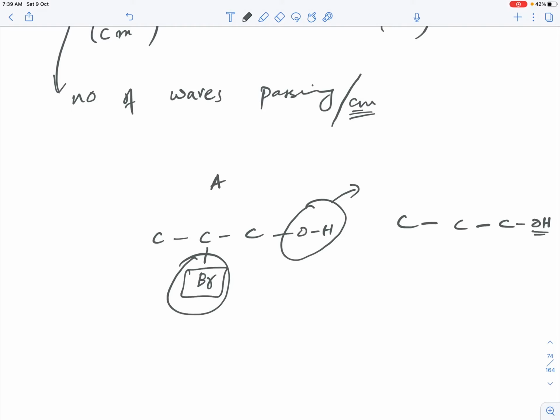Let's suppose this is A and this is B, so A is different from B in that it has a Br group attached and B has no Br group attached to it. So there would be a slight difference in the IR absorption of this OH and this OH. So this is why they have given us ranges, because every alcohol would have a different kind of environment, and that environment would affect the amount of radiation it will absorb for vibrations.